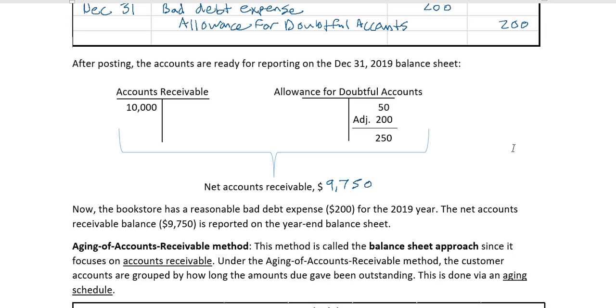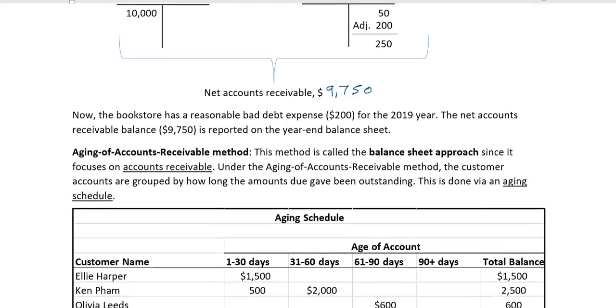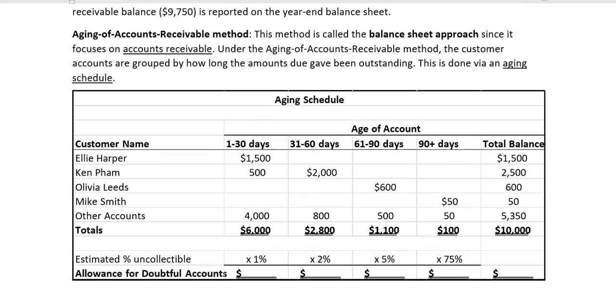Now, the book has a reasonable bad debt expense of $200 for the year. I think I said quarter a little bit earlier, so ignore that. This is for the entire year. The net AR balance of $9,750 is reported on the year-end balance sheet. Let's jump into the next method.